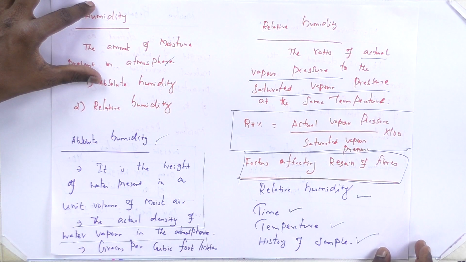If a sample is in a dry condition, it absorbs moisture from the atmosphere to reach the equilibrium condition. The following factors affect the regain value of fibers. The first one is RH value, then time, temperature, and history of the sample.